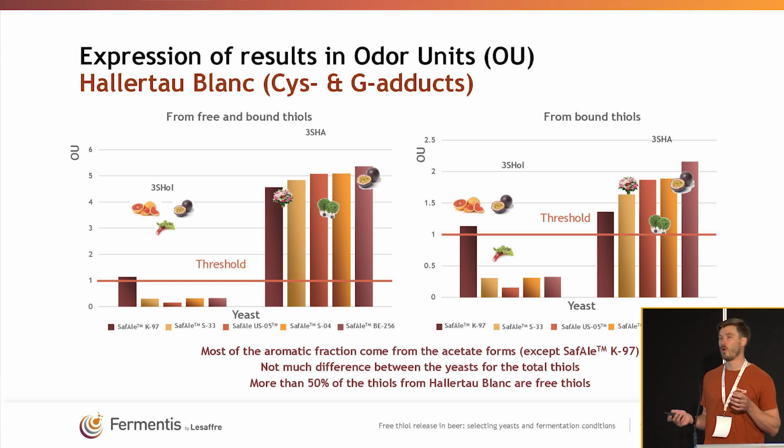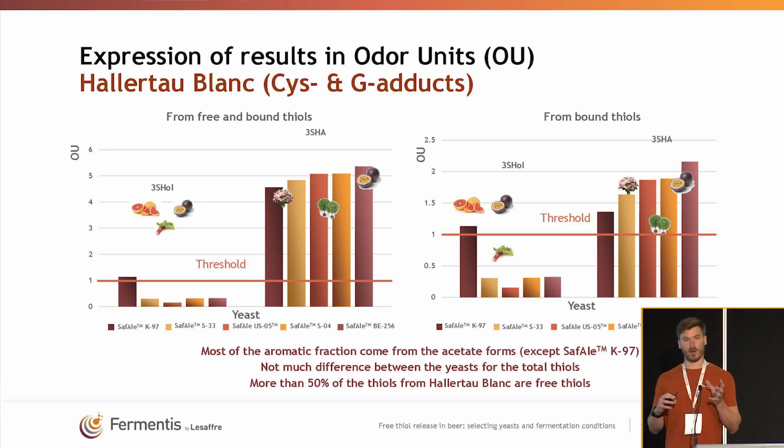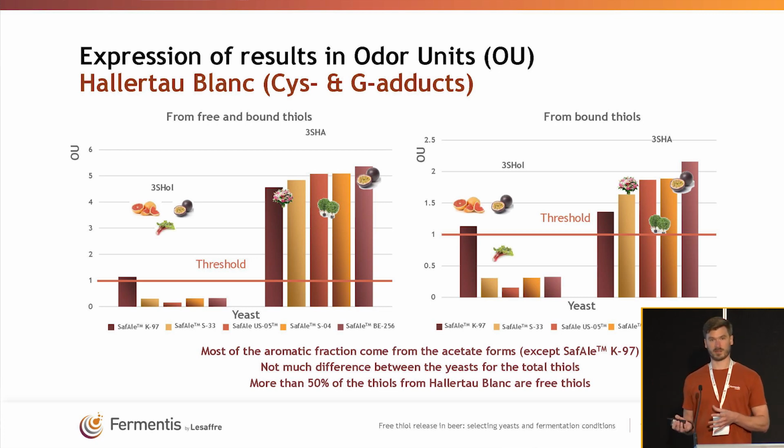So here, almost 50% of what you can perceive is thanks to the yeast and hop interaction, thanks to the release from the yeast. So with a hop like Aurora Blanc, the choice of the yeast will be more impactful on the thiols that you perceive in the final beer.